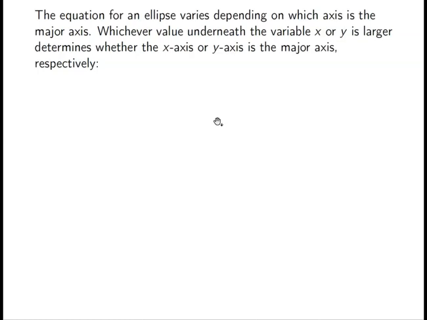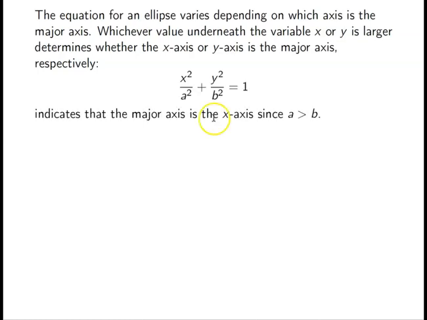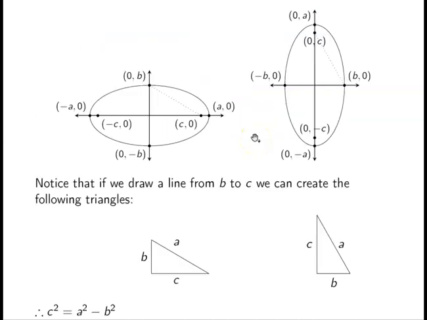Whichever one is larger tells me which axis the major axis is on. My general formula is x squared over a squared plus y squared over b squared equals 1, where a is always larger than b. Looking at the graph, b is the short side and a is the long side.